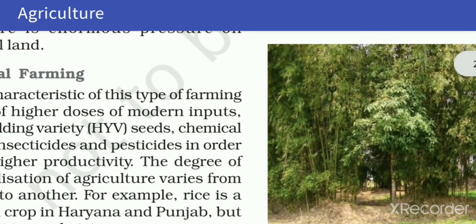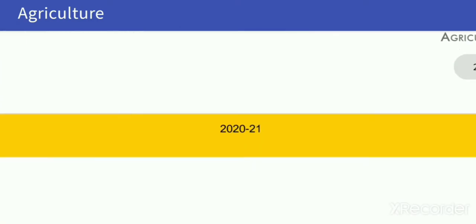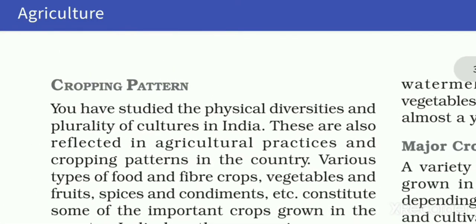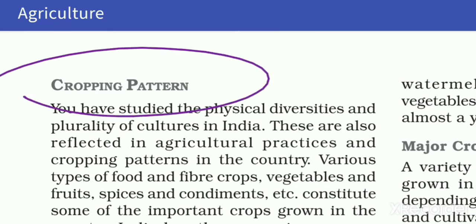So now let us move to the next topic. Our next topic is cropping pattern, or it can also be termed as cropping season. There are three cropping seasons in India.